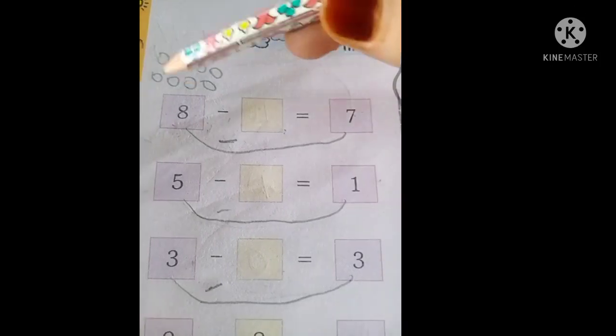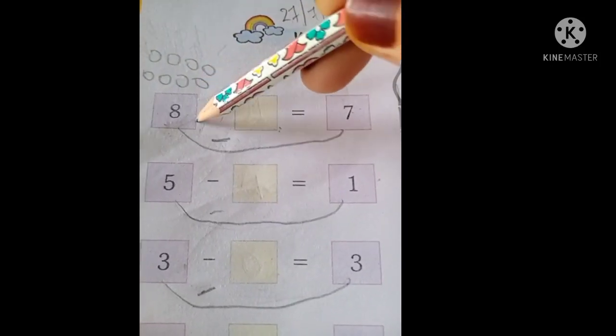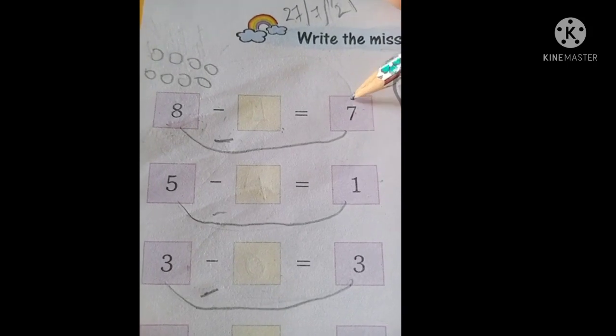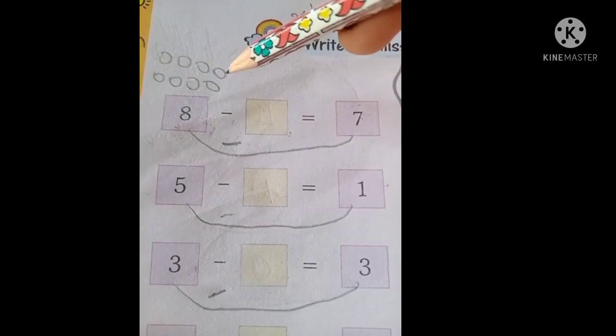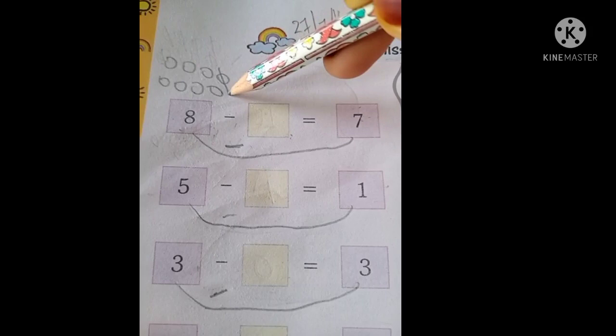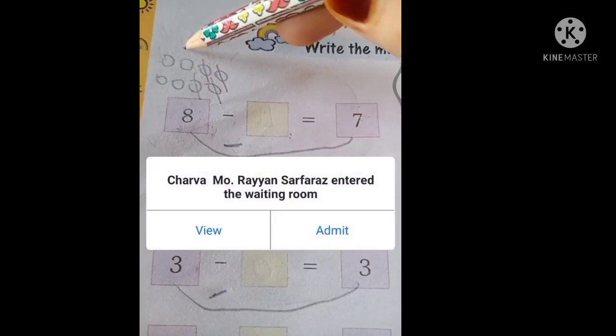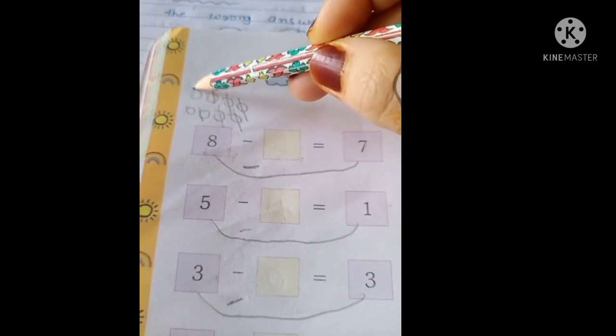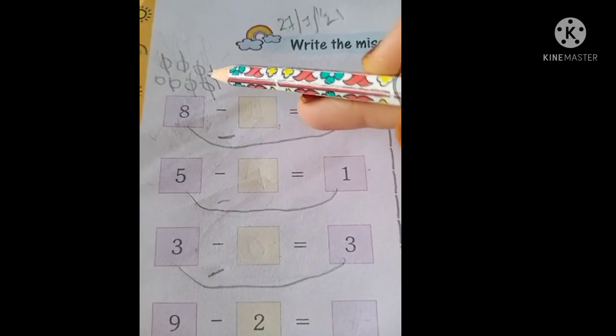Now from the 8 how many do I have to minus? 7. So I have to cut 7 circles. Here I am cutting 1, 2, 3, 4, 5, 6 and 7. So here I have cut 7 circles, right?